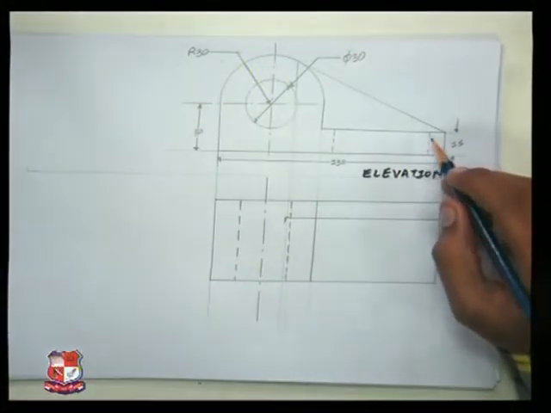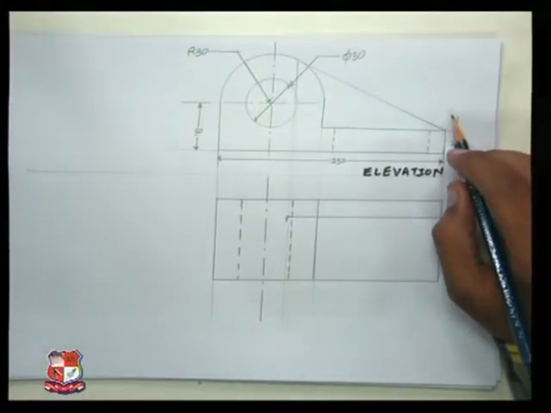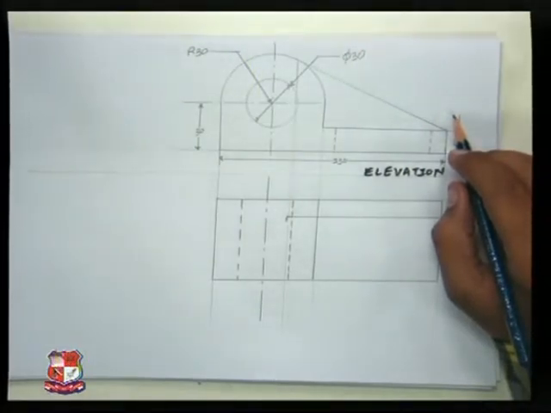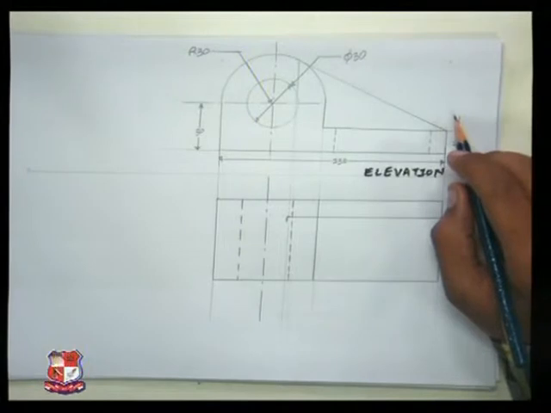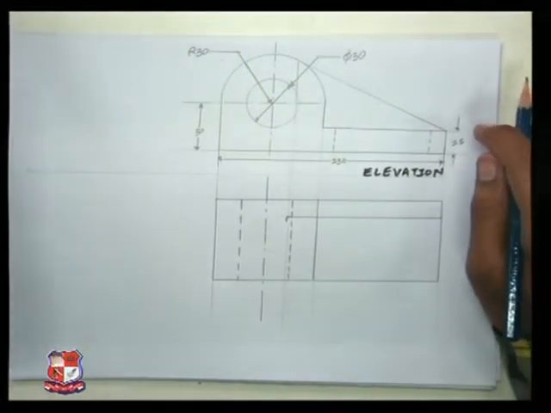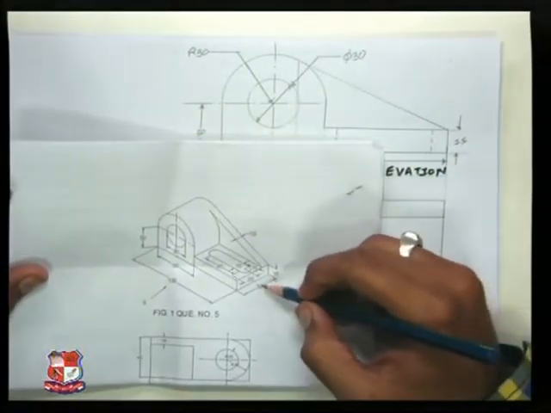Over here, as you can see in the problem, one groove is given. The groove dimensions are clearly mentioned. The total thickness or diameter is 15 mm. So we need to take a center line of this 50 mm.